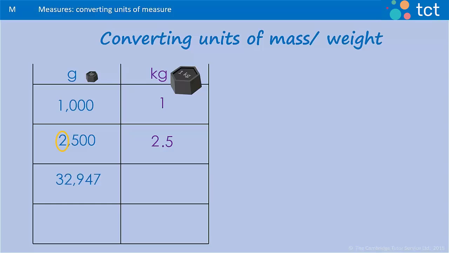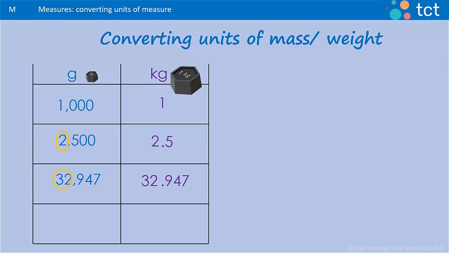If we have 32,947 grams, to work out what that is in kilograms, again, how many thousands are there altogether? We have 32 thousands, so that means that there's 32 whole kilograms, and the rest of that number is the leftover grams, and that comes after the decimal point. 32.947 kilograms.